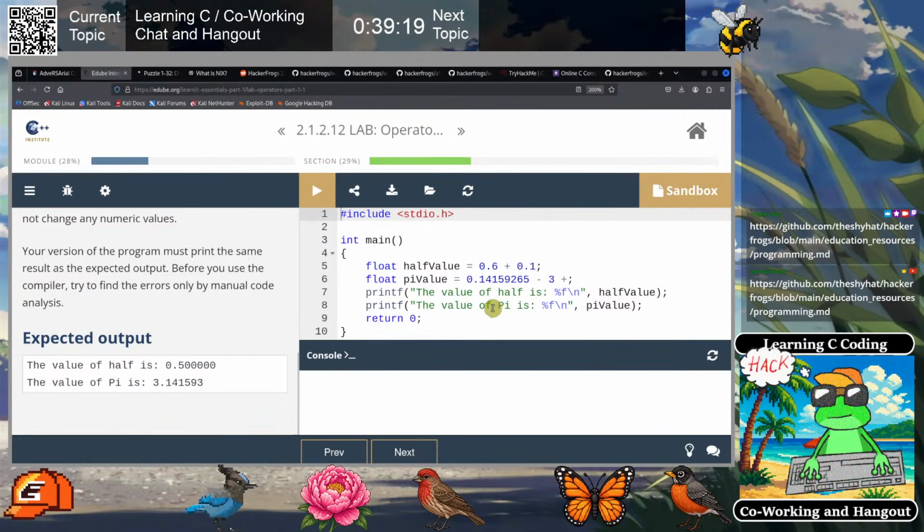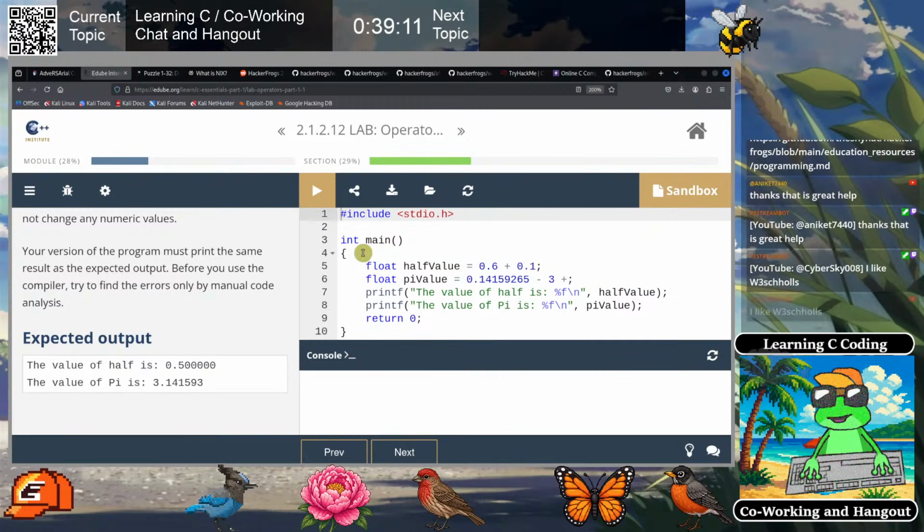Okay, so let's see if we've got some errors in here. So int main includes stdio.h, and I think this is fine. Float half value, float pi value.